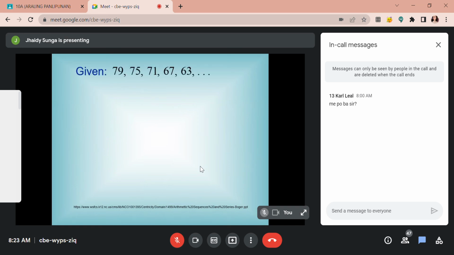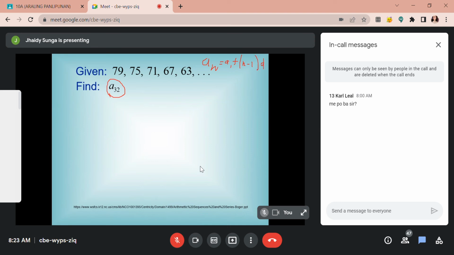Let us have this given: 79, 75, 71, 67, 63. The value that we should find is a sub 32, the 32nd term. Who from this class has solved it already? Again, what's our formula? A sub n is equal to a sub 1 plus quantity of n minus 1 times d.